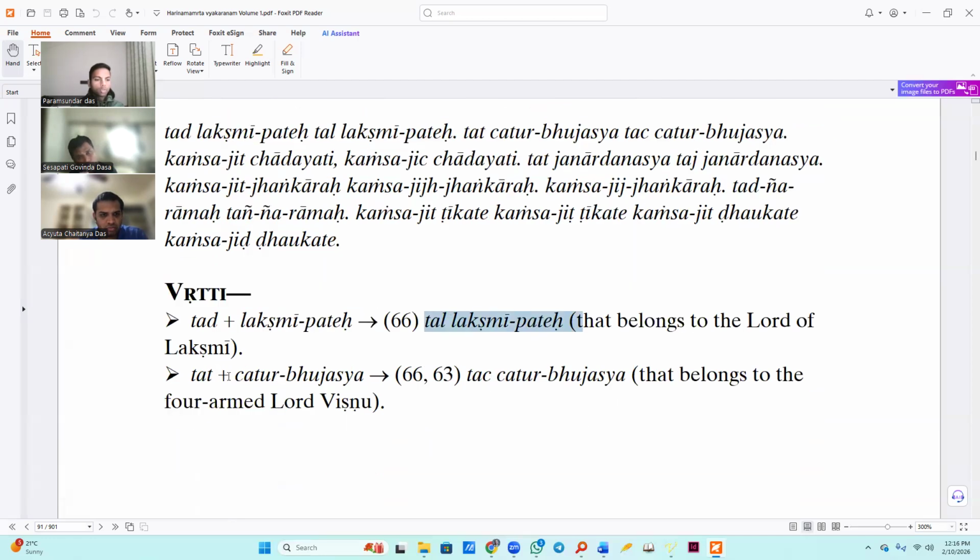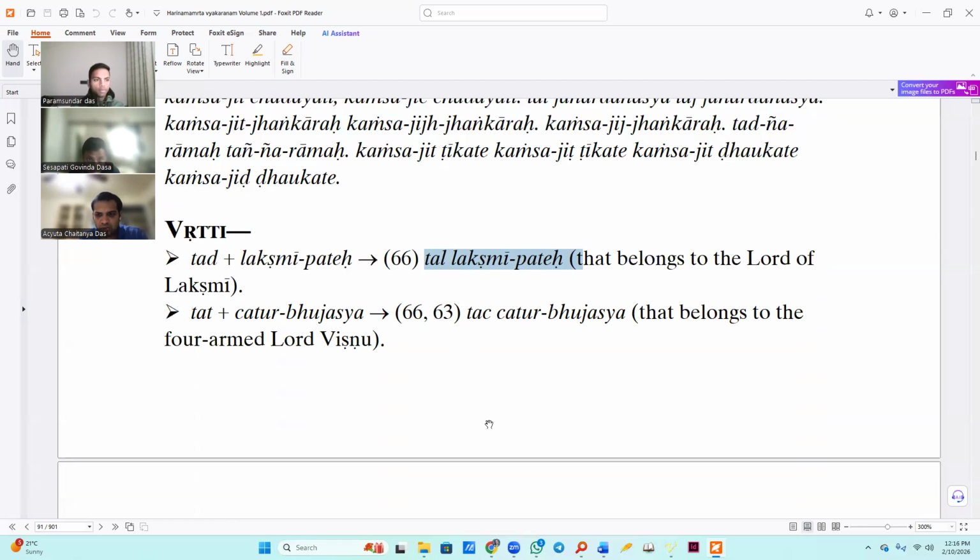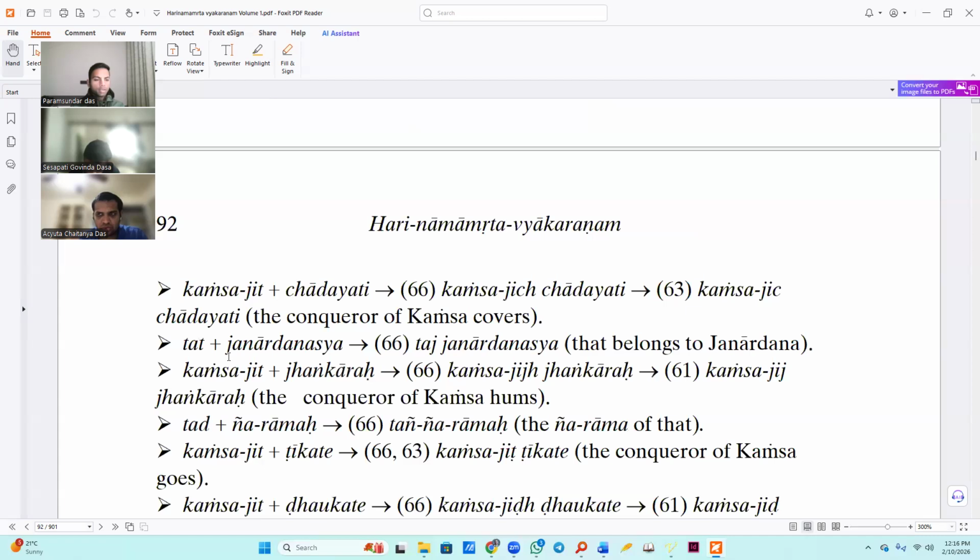Tat Chaturbhujasya. So Ta becomes Cha. Tach Chaturbhujasya. Kansajit Chadayati. Okay, this example. Now Kansajit, Ta is followed by Cha. So Ta becomes Cha. So we get Kansajit Chadayati. Now we will apply another sandhi here. Yasya Yal Lakshanam, those words, that also is the same.